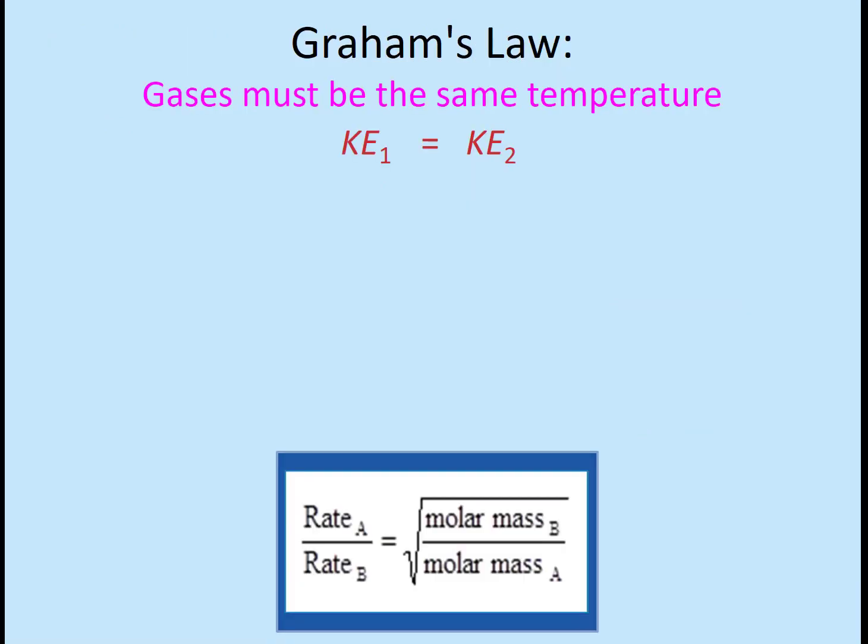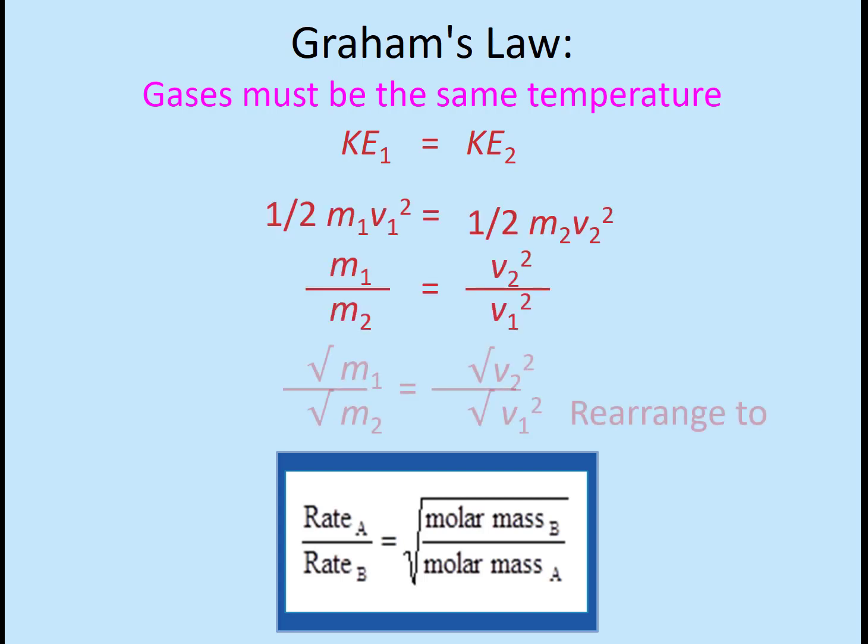Now, Graham's law takes the kinetic energy formula, and again, if we have two gas molecules at the same temperature, that means that their kinetic energies will be the same. So we can have gas 1 and gas 2, or gas A and gas B, and if they're at the same temperature, they have the same kinetic energy. Well, how can this be where they have different masses?